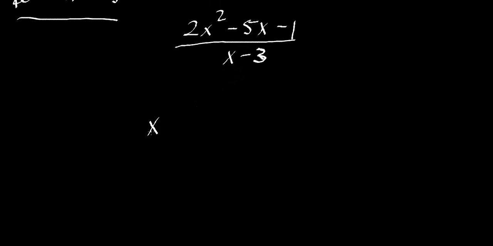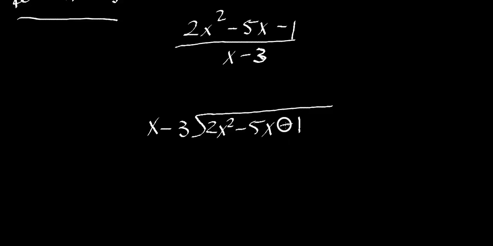So we put x minus 3, the divisor, here, and we're dividing it into 2x squared minus 5x minus 1. Keep this in mind, because we're going to encounter something in our next part after the remainders: in each term here, the exponent of the variable x descends by 1.